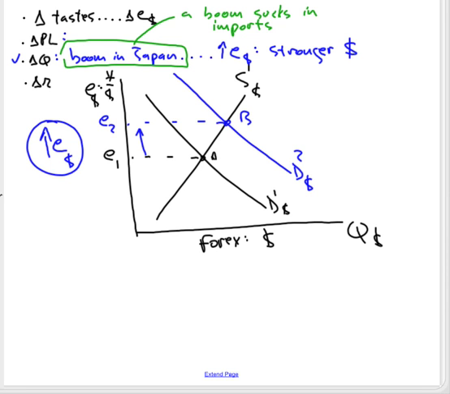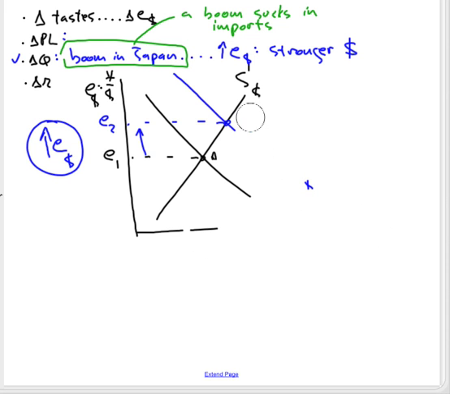And if you want to check this, you could think about the market for yen. Japanese will supply more yen, pushing the value of the yen down in the foreign exchange market for yen. Finally, let's look at the interest rate effect. And to think about the interest rate effect, we're thinking now about the demand for financial assets.